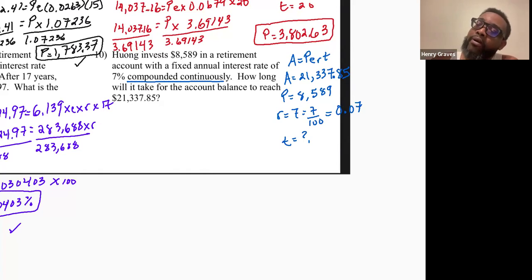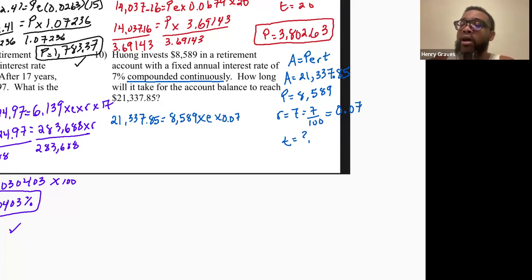A equals, okay, well, sorry, there we go. 21,337.89, that's the P, times E, times 0.07, times the T, which I don't know what the T is, right?